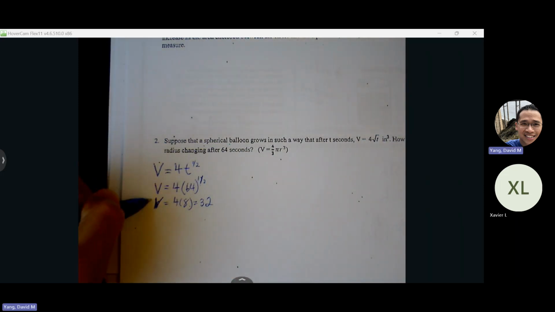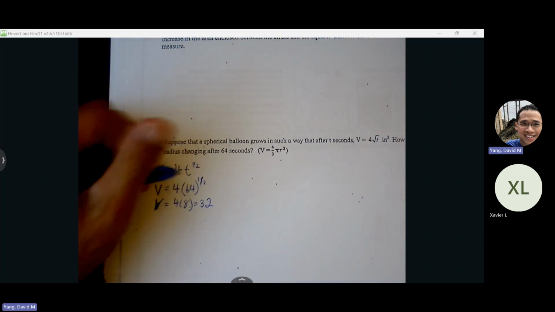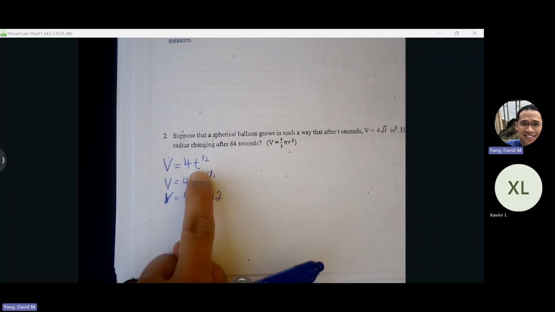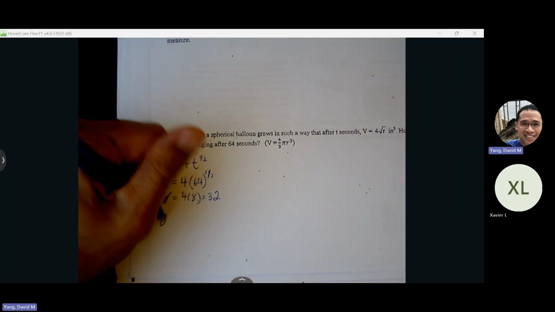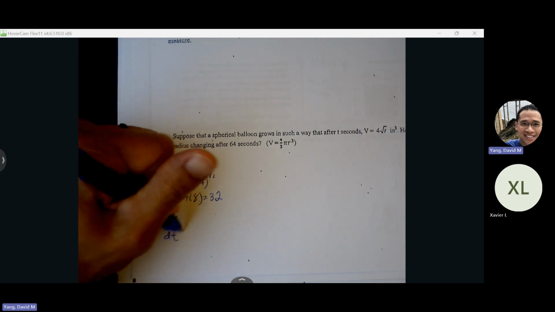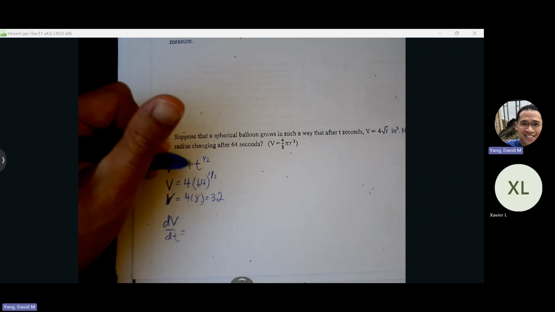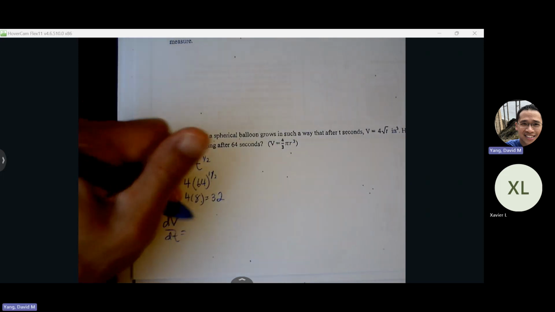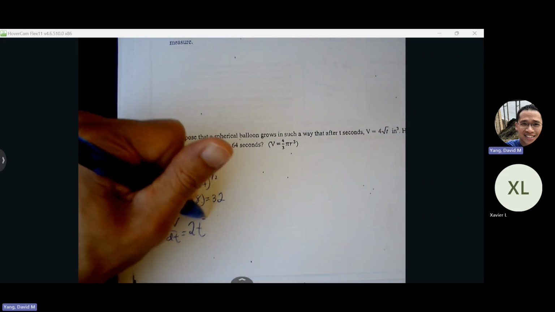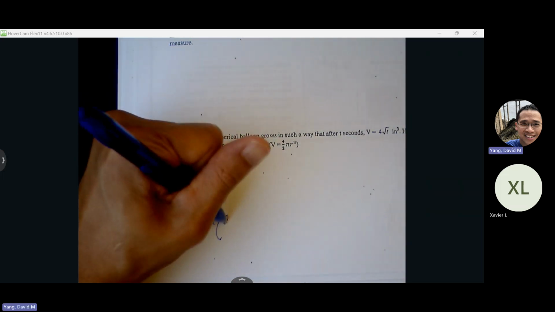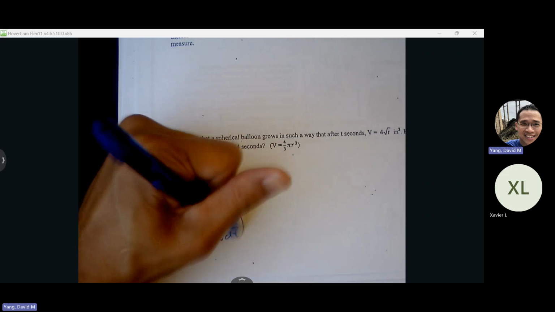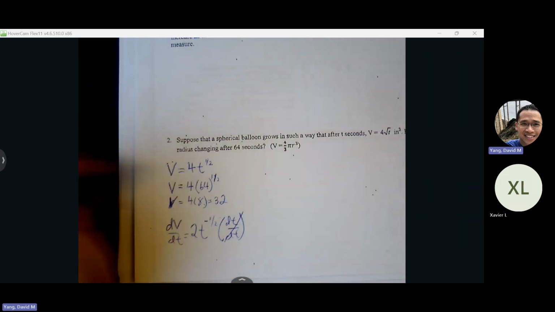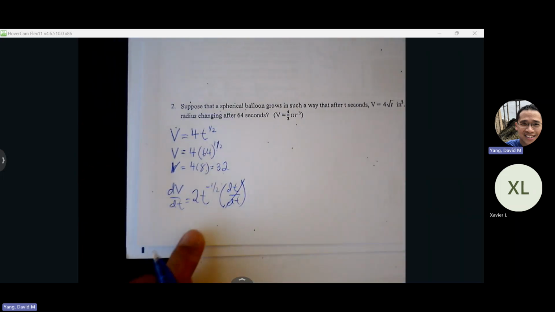I can also find dV/dt, but this is a little bit different because this already has the independent variable t. If I find the derivative, I get 4 times 1/2, which is 2t to the negative 1/2. If we're finding the derivative with respect to itself, it just washes out, since we already have the independent variable.